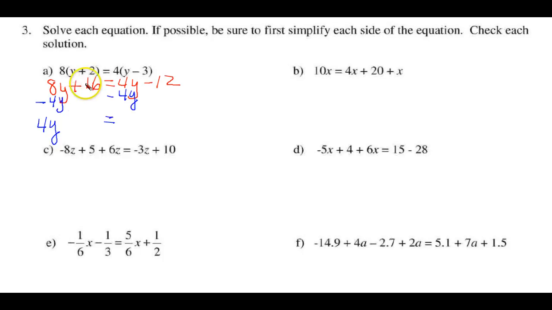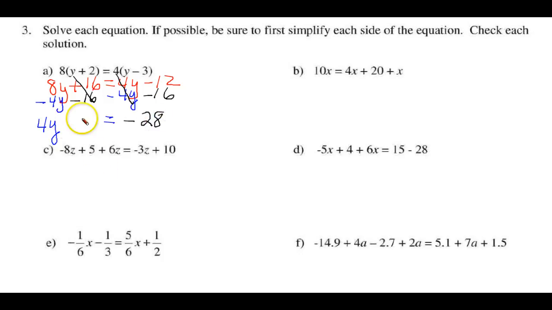But I'm also going to, at this time, to save room a little bit, I want to get this 16 on the other side. So I'm going to go minus 16, minus 16. So again, these cancel out now, and these will cancel out. And you could put it in 2 steps, or you could do it like this, and this becomes a negative 28.